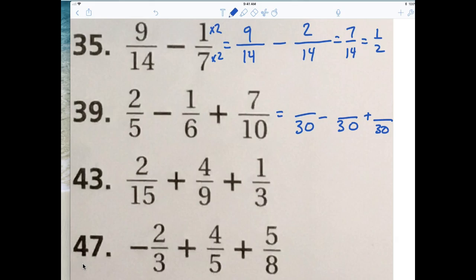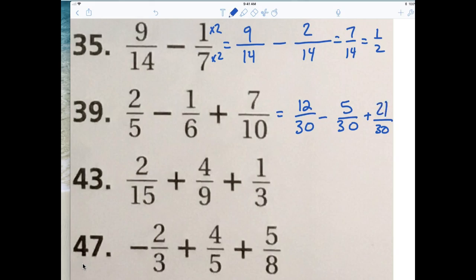That's 12. Thank you. 12 30ths. Anybody have any issues? Leighton, 1/6 is how many 30ths? Is it going to be 5? You are awesome. 5 30ths. And then 7/10, Ava, is how many? 21. So everybody should have that.